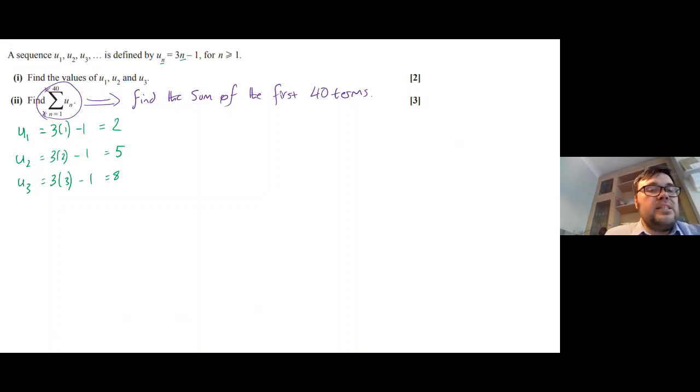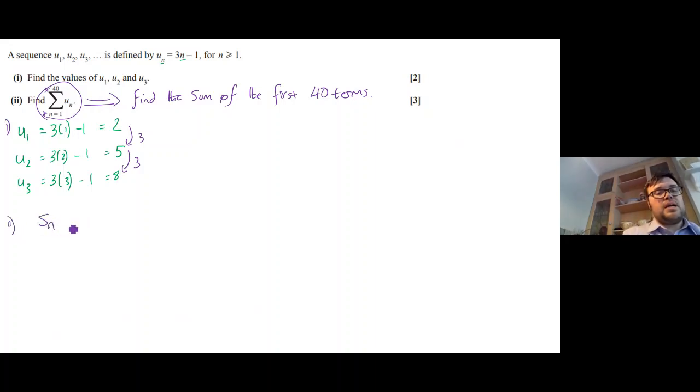What you can do is we can look back at the original, and what I'm hoping you can see is that it adds on 3 every time. So this is actually an arithmetic sequence. And it being an arithmetic sequence, we can use the formulas of arithmetic.